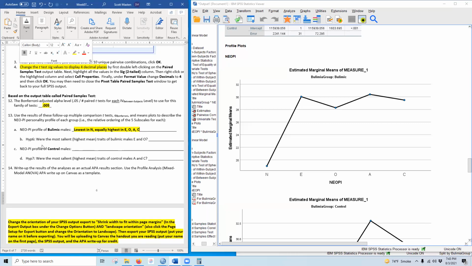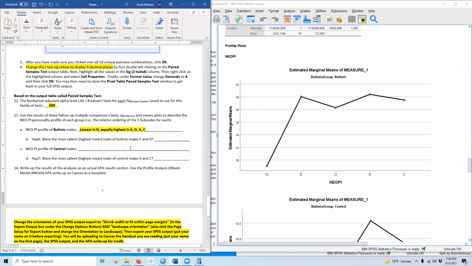So remember, there was a hypothesis 6. Hypothesis 6 was that the most salient, that is highest, traits of bulimic males were E and O. It's a little weird to answer this because they weren't the only highest. So I guess you could say yes, E and O were the highest personality traits, but so were A and C. Were the most salient traits of bulimic males E and O?